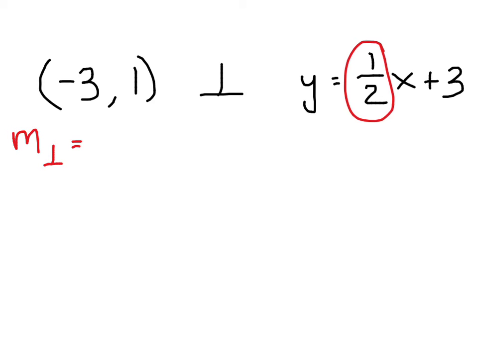So what is 1/2 flipped and reversed? Close. You flipped it good. Reverse the sign. My slope would be -2.